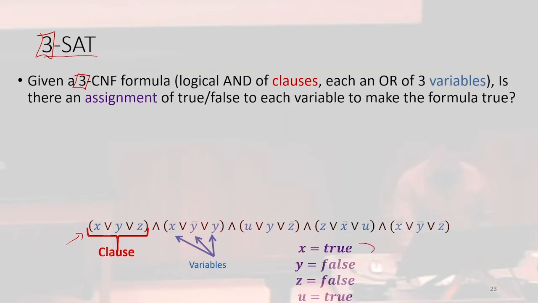In this case, maybe this assignment would cause that whole expression to be true, because this clause is satisfied since x was true. This clause was satisfied because x was true. This one was satisfied because u was true. This one was satisfied because u was true. And this one would be satisfied because y was false, making y complement true, making the negation of y true. So since every single one of our clauses had at least one true thing in it, the whole expression evaluates to true.